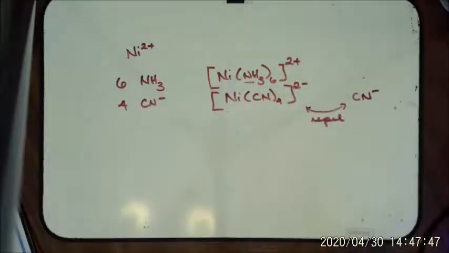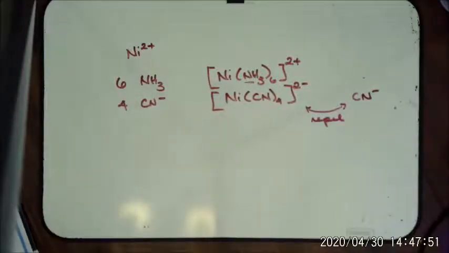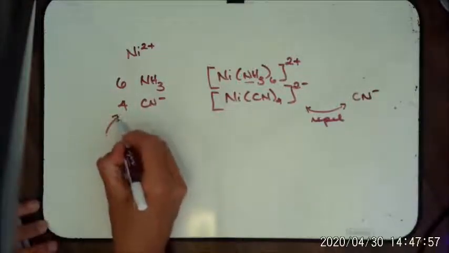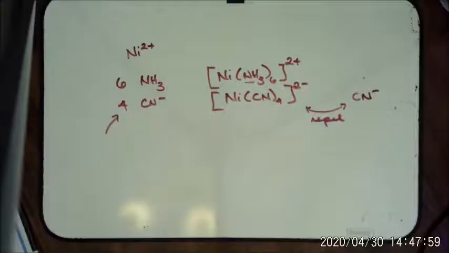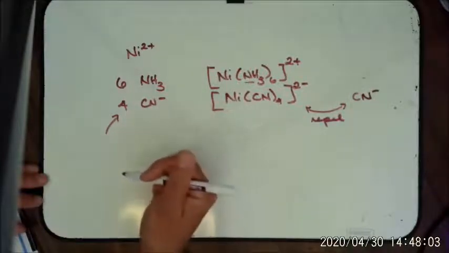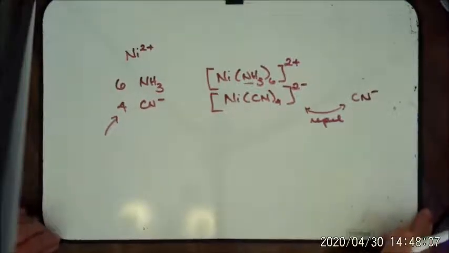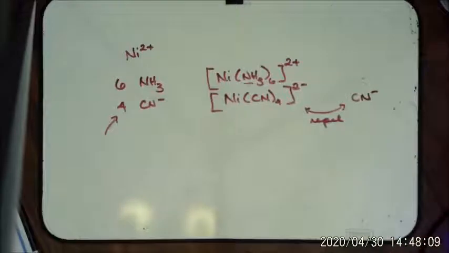So charge actually has an impact on our coordination. Just be aware of that. When you have a coordination number of 4, unless it's platinum 2 complexes, you can't predict ahead of time if it's going to be tetrahedral or square planar, and that's something we have to determine experimentally.